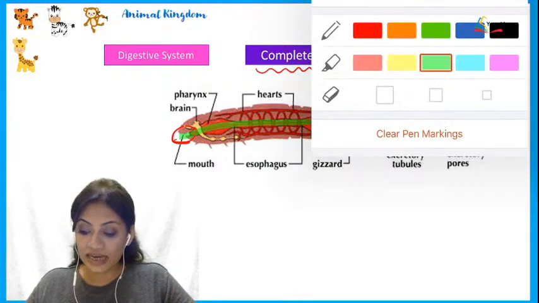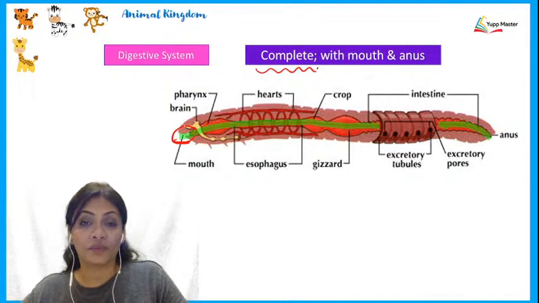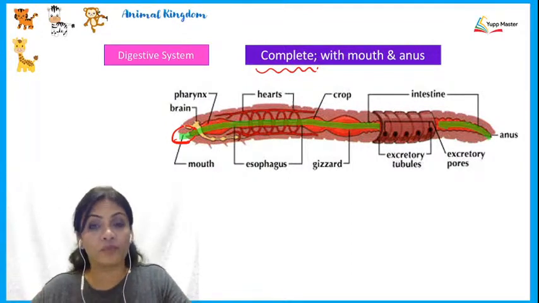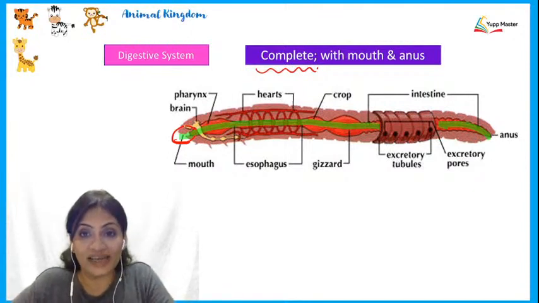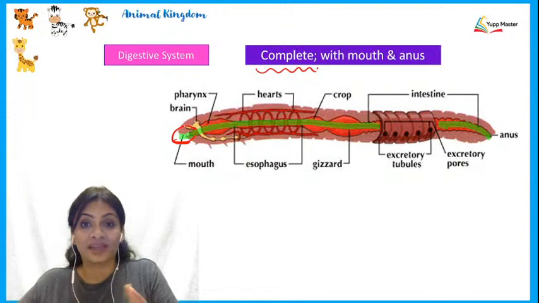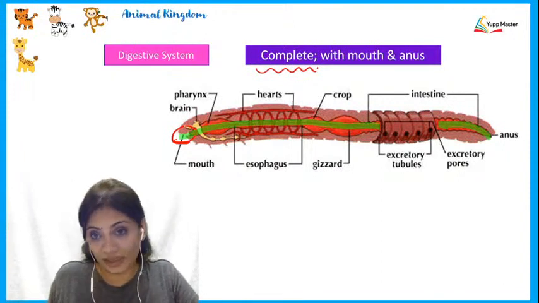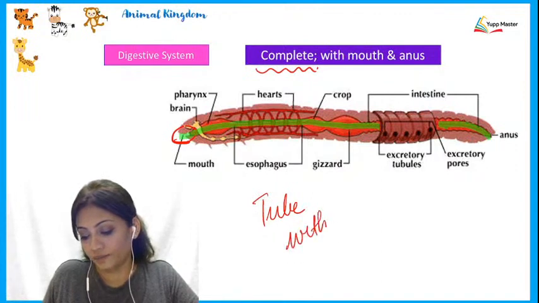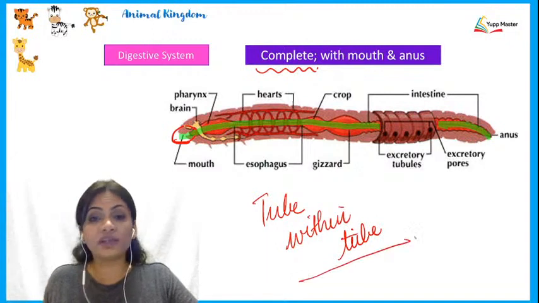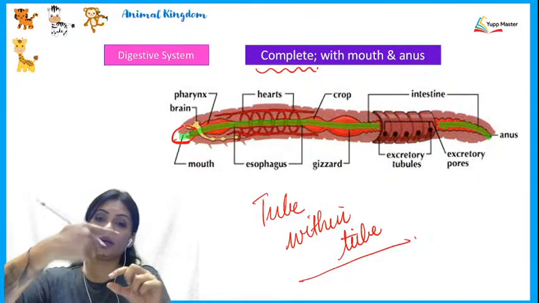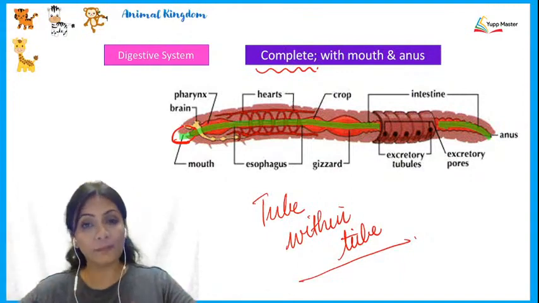Now, we can head on to the next point, the body plan. What would be the body plan of an annelid which has a mouth on one end and an anus on the other end? It is tube within tube, where the digestive system is a tube inside another tube, which is the whole body wall.